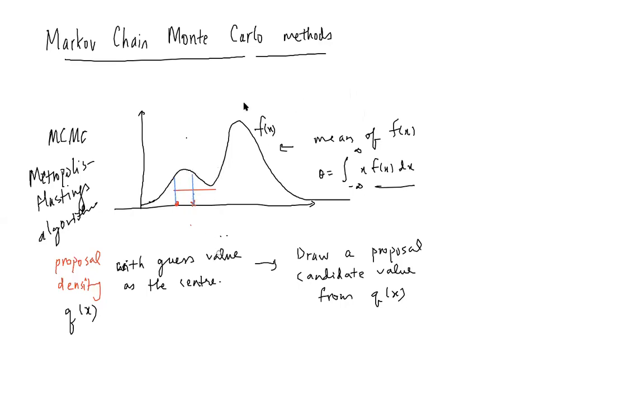Okay, the next step is, this one we call the target density. f(x) is what we want, right? Then you compare f of this proposal candidate, which I denote by y.